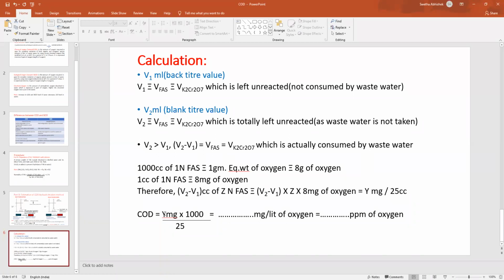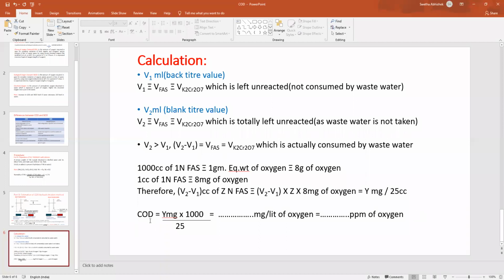So substitute the Y value, the amount of oxygen in milligram per 25 cc, multiplied by 1000 divided by 25. What do you get? The amount of oxygen in milligram per liter, which gives you ppm of oxygen. That gives you COD.